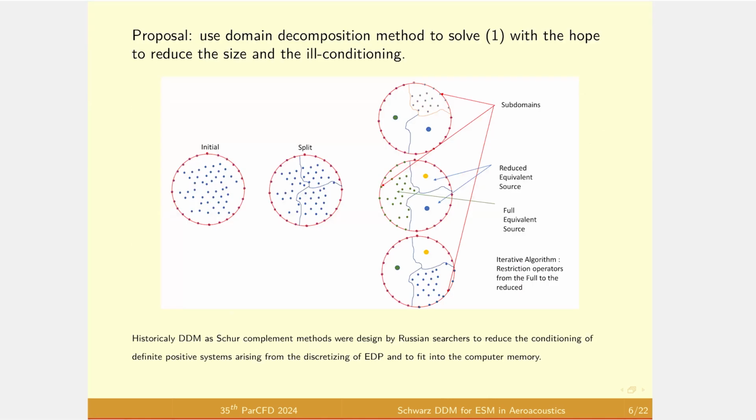So what we want to do is to use a domain decomposition method to solve this linear problem, with the hope of reducing the size and the ill-conditioning. The idea is to take the initial problem, split it into subdomains, and then solve it iteratively by a Schwarz method, having some reduced representation of the other subdomains in the algorithm.